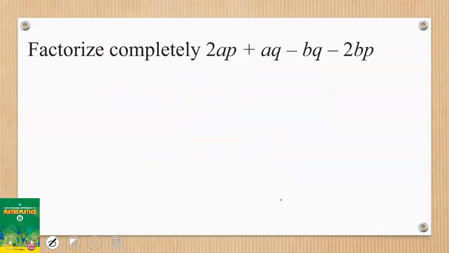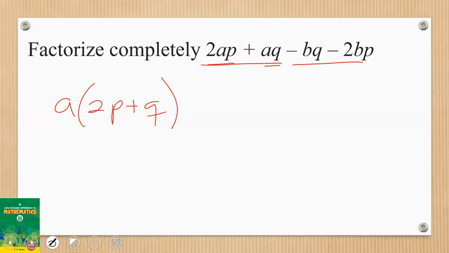Factorize completely: 2ap plus aq minus bq minus 2bp. Now again, if I look at the first 2 terms, there is a common factor, so I can take one out. And if I look at the remaining 2, there's a common factor, so I can factor the common out. With the first set, I can factor a out. Then I have 2p plus q.